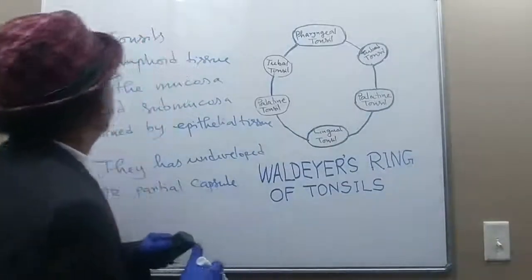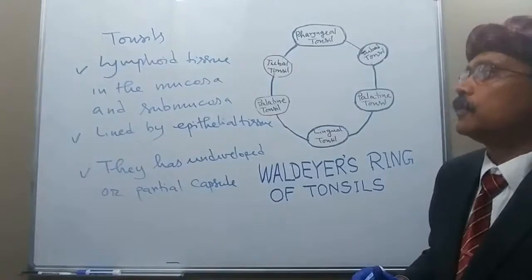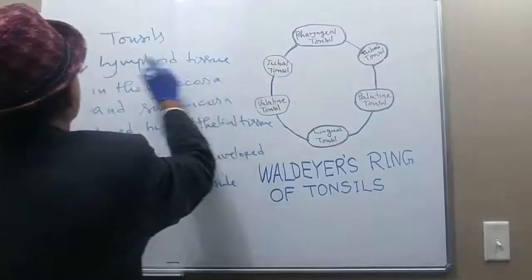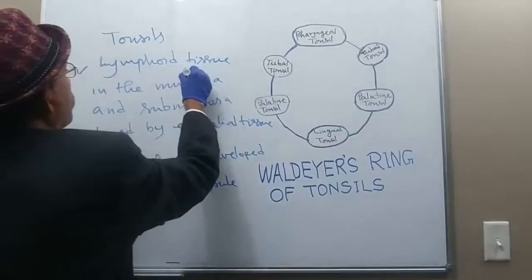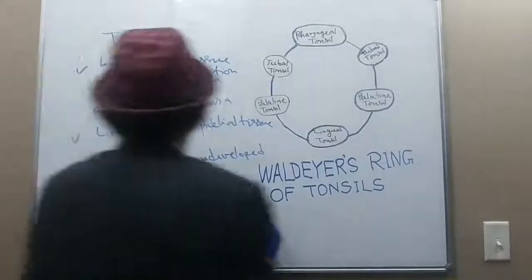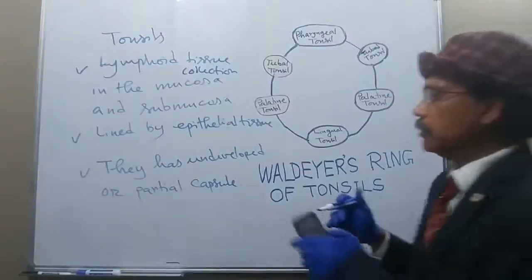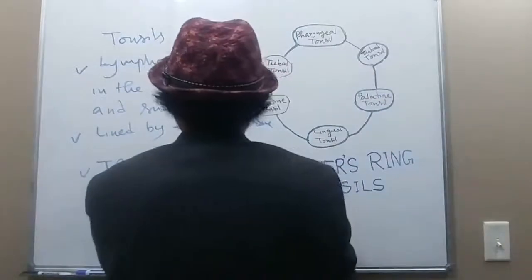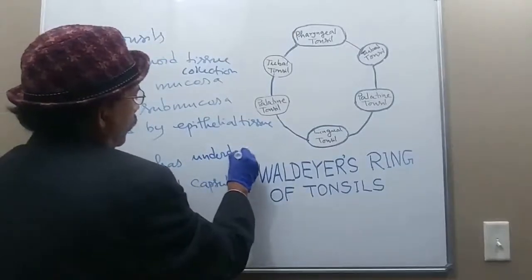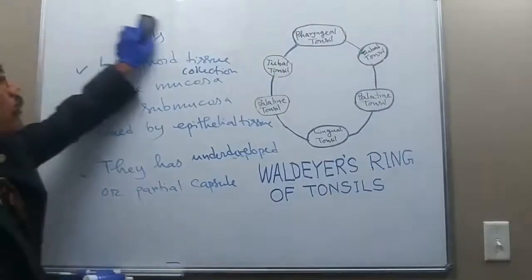So these are the definitions of the tonsil: a collection of lymphoid tissue in the mucosa and submucosa, lined by epithelial tissue, with an underdeveloped or partial capsule. So these are the tonsils.